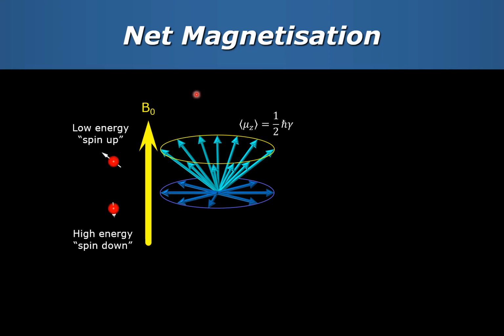Again, we have those components in Z, but we have a uniform distribution of magnetization in the transverse plane. So essentially what happens is that because they're uniformly distributed, they cancel each other out, so we end up effectively with zero net magnetization.